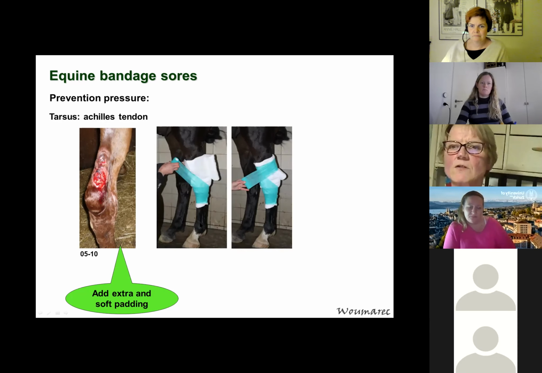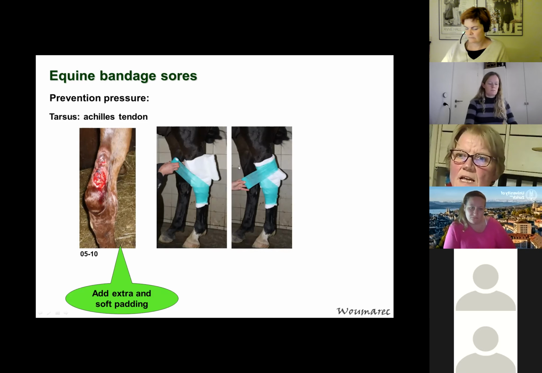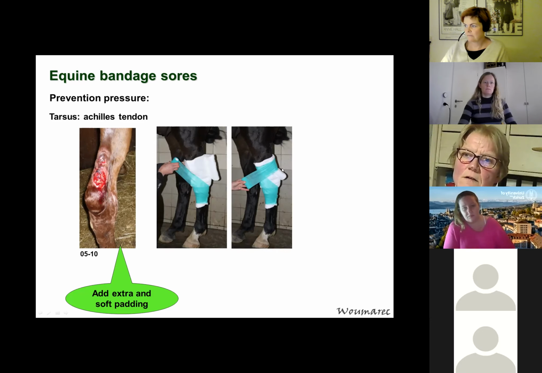Well, how can you do that? You can make a big, thick pillow of soft padding material, several layers, and by turning the elastic bandage around this pillow, you can spread the pressure on the Achilles tendon.